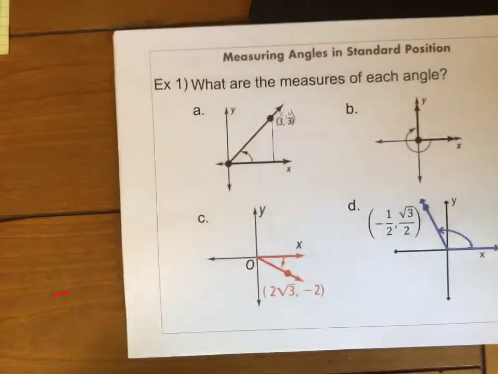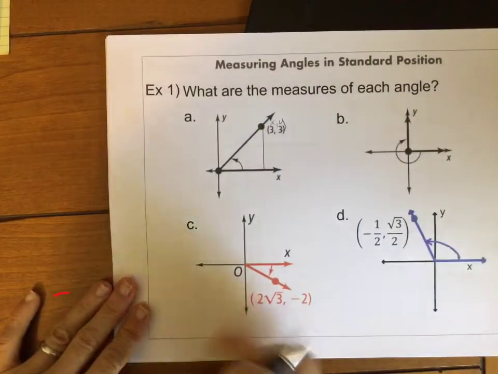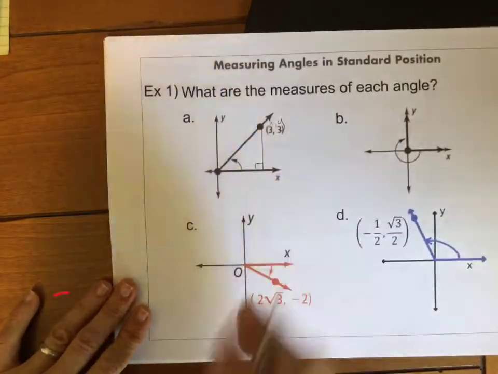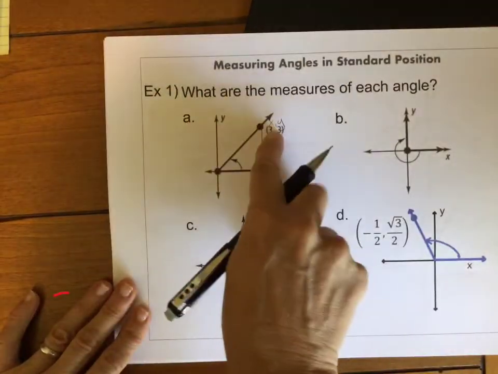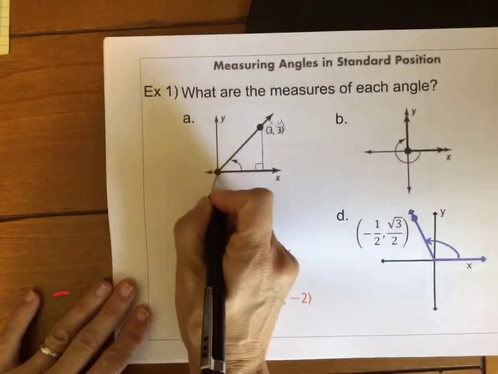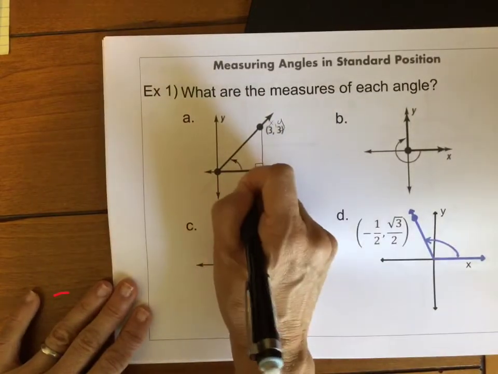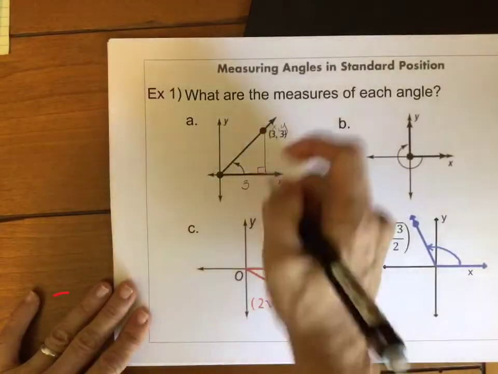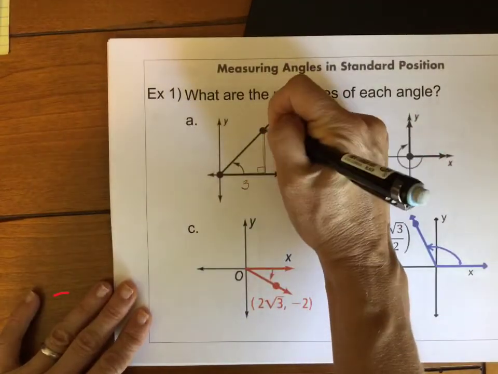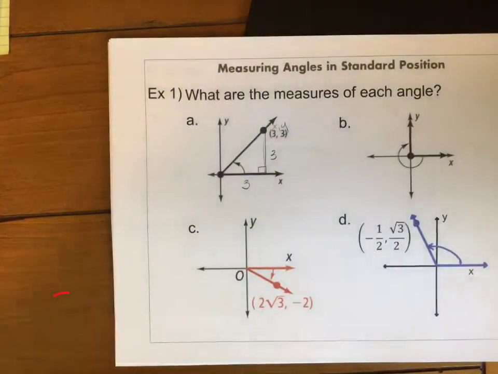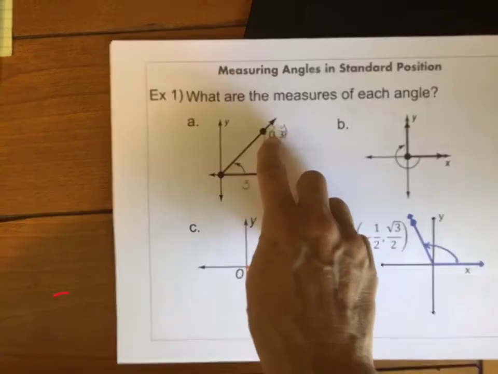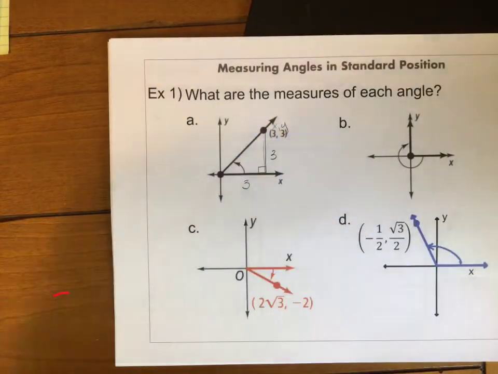So I'm going to draw my triangle in there. It's obviously a right triangle. And what does this point mean? It means that this side is 3 units long, and coming up to the y is also 3 units long. That's what this 3, 3 or my xy coordinates mean.